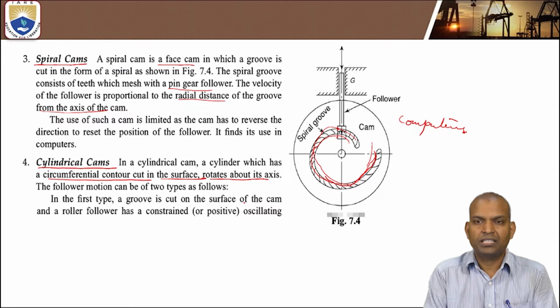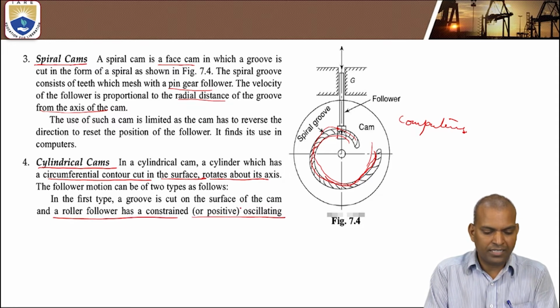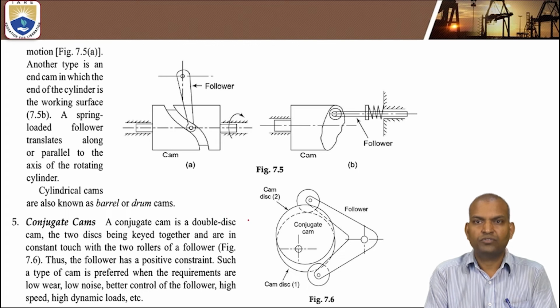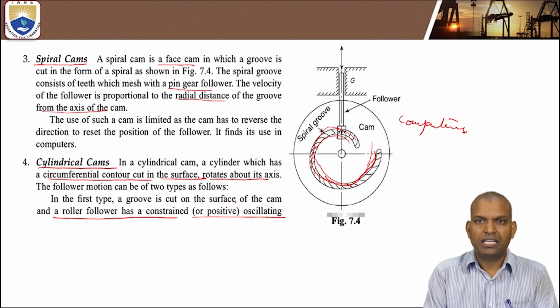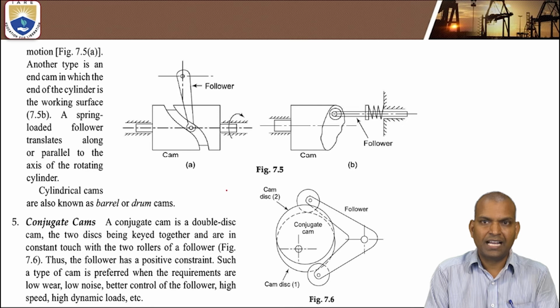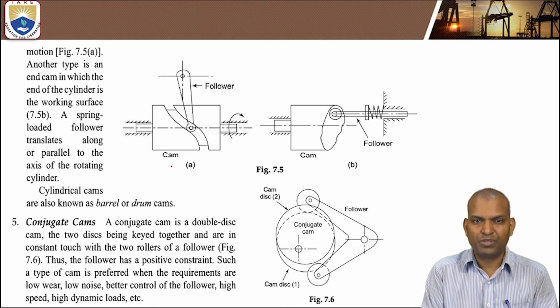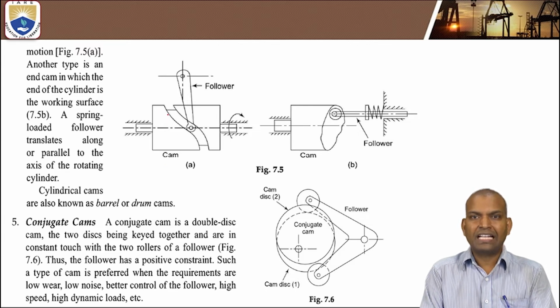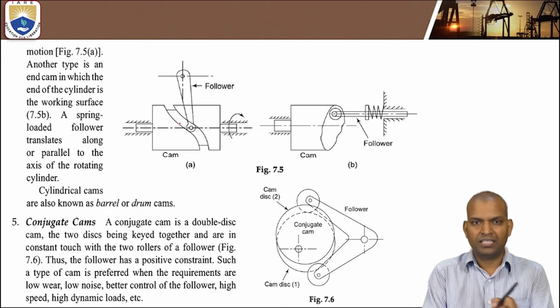A groove is cut on the surface of the cam, and a roller follower has a constrained oscillating motion. We can see the cylindrical cams here. We are not studying the types of followers here, only the types of cams. The geometry of the cylindrical cam is a cylinder shape, and on the surface of the cylinder a groove is made.